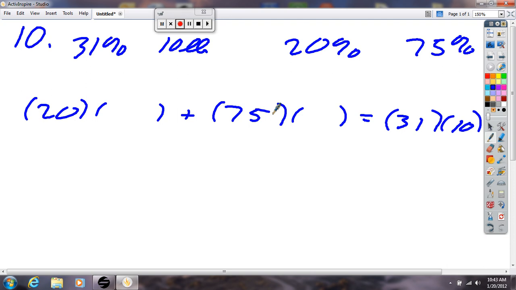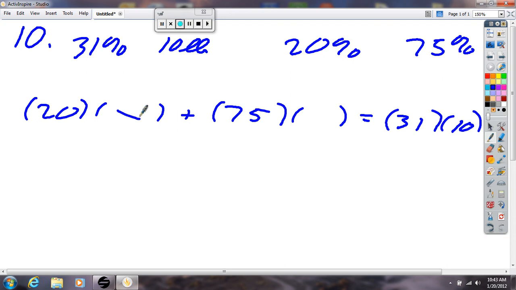Now, what other numbers are given to us in this problem? None. That's everything they gave us, right? So I still have to fill two spots. What did they give me? The total, right? Therefore, what goes in the first spot?